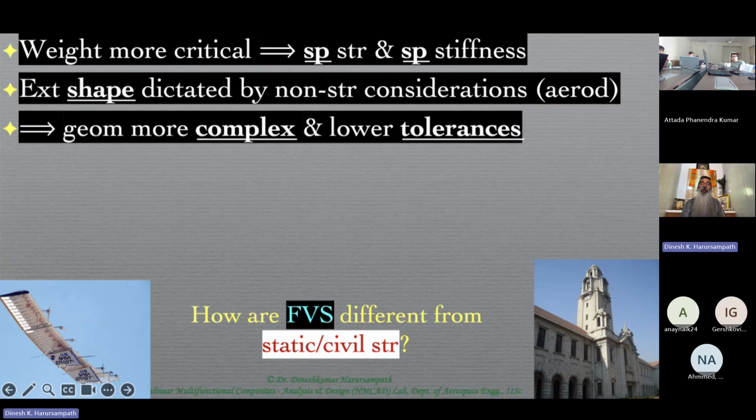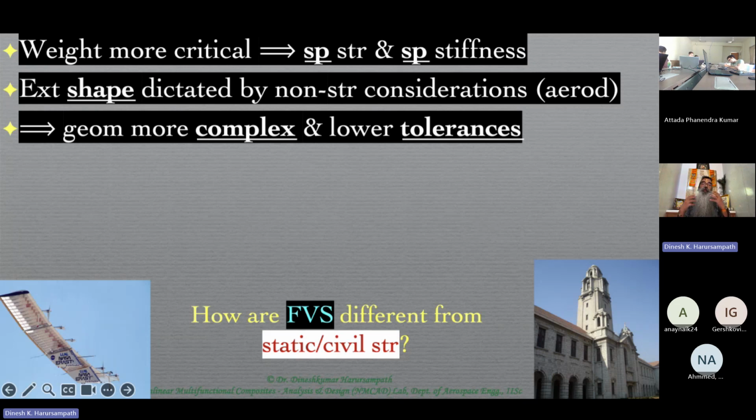So, for example, in a column, if the structural designer has said that you want about a 1 feet by 1 feet square cross section, if you make it, let's say, a quarter inch more or less than that, it might still be acceptable. So there's absolutely no problem. Whereas in the case of the aircraft, when they specify certain external dimensions, the tolerances are much, much lower.